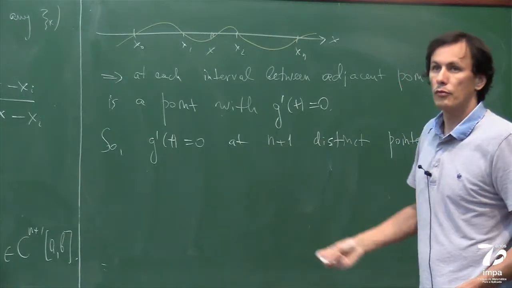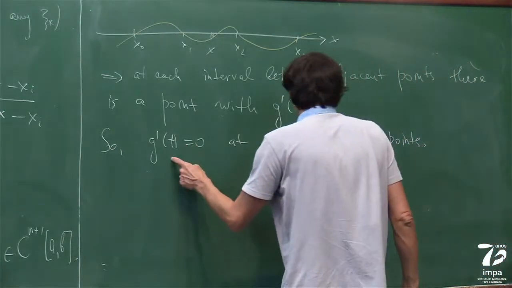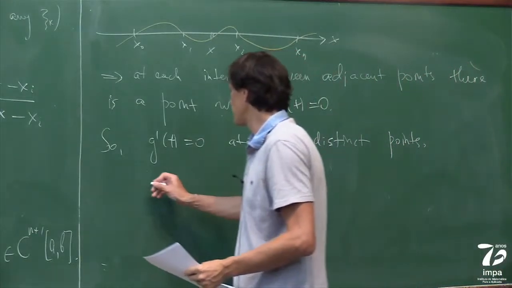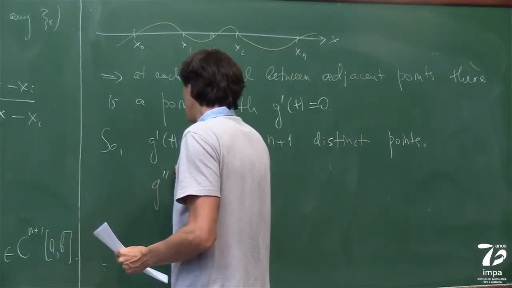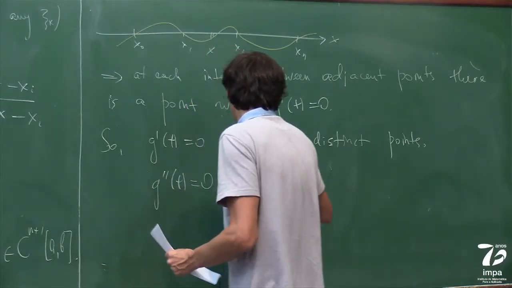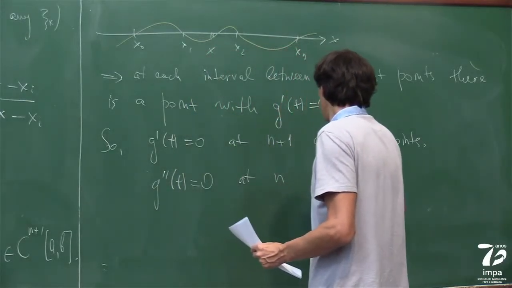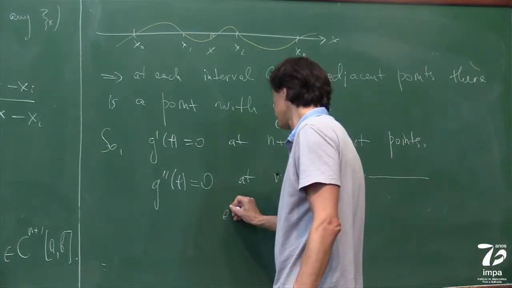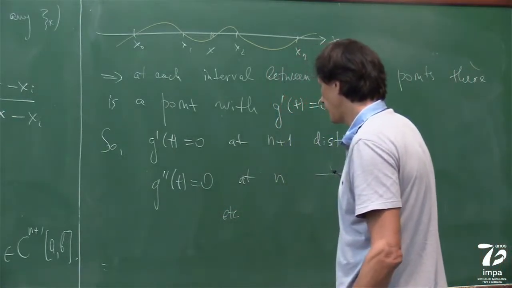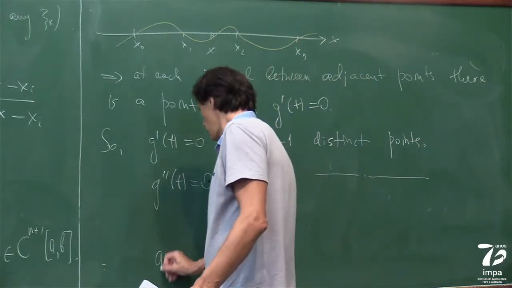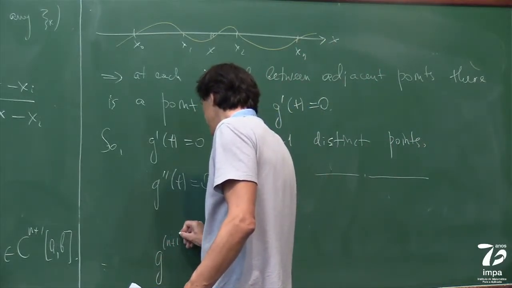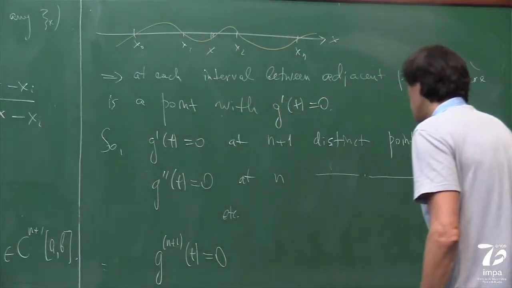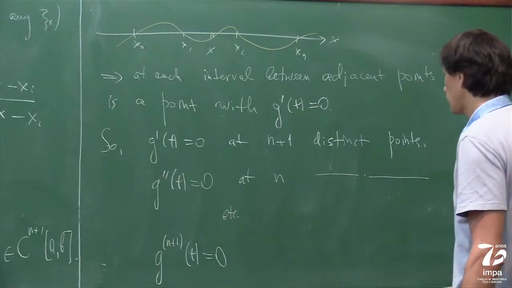And then you can keep going because you have first derivative at n plus 1 points. That means second derivative is 0 at n distinct points, etc. So you will end up with n plus 1 derivative equals 0 at at least one point.